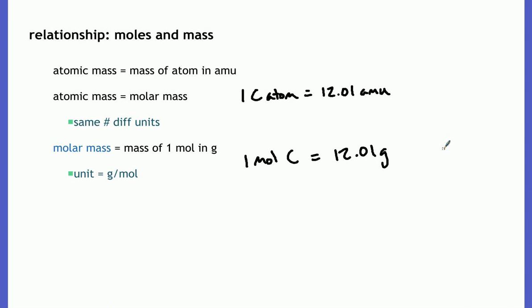So at the end of the day, the whole purpose of Avogadro's number was to make it so that that would be true. 12.01 AMU is the same as 12.01 grams. So it doesn't really matter what context you're using, that number off your periodic table is still going to work. So I have atomic mass that we talked about before, right? It's an average of all those different isotopes of carbon, and it's actually in AMU. But now I have this new concept of molar mass that's in grams.